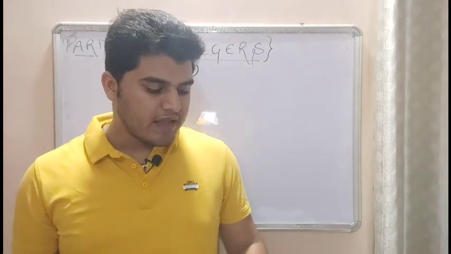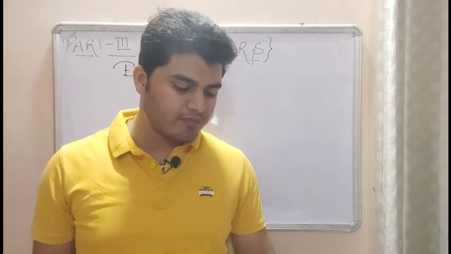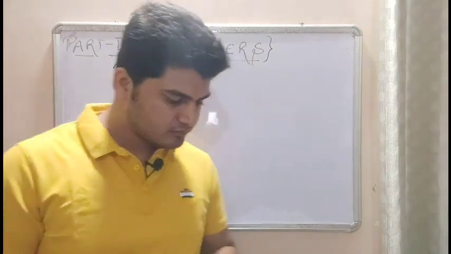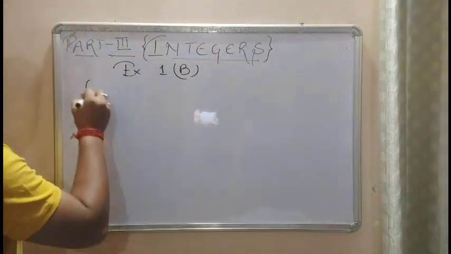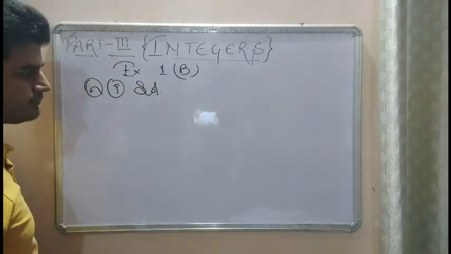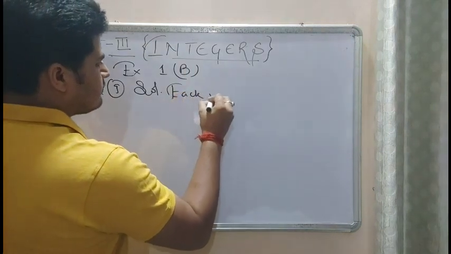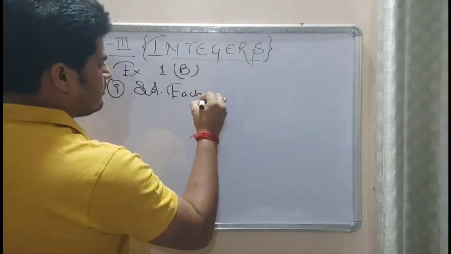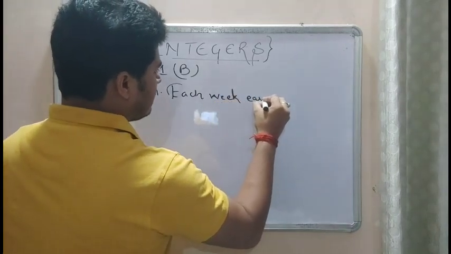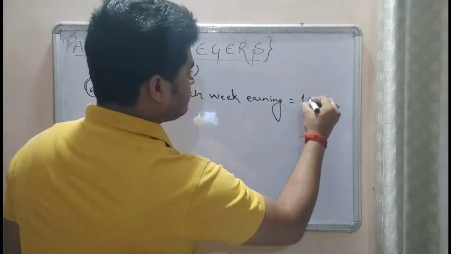Question number 9. Every week you earn 100 rupees, but every other week you spend 25 rupees. What is the total amount of money you have after 8 weeks? Now it's a good question. It is saying that each week earning is 100 rupees.